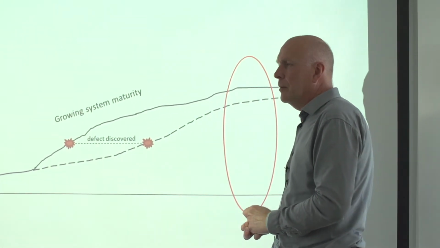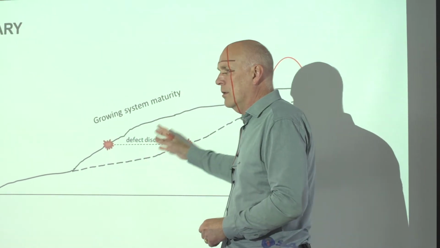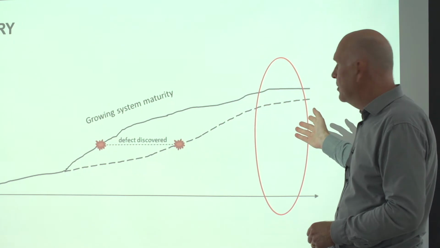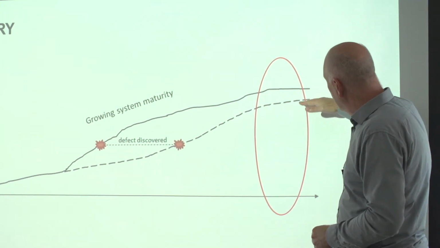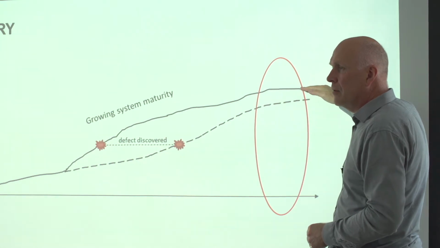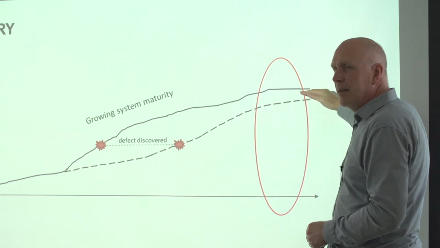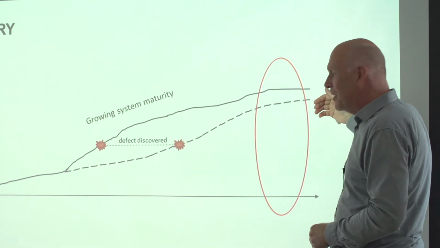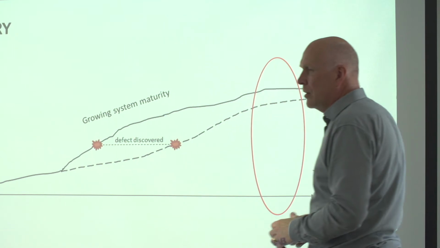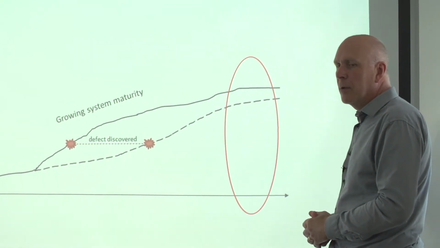And when we can reuse the models throughout the process and also integrate them and sell them to our customers, the maturity of the product out on the customer site is higher, is my belief, than with the non-model-based way of working, the traditional document-based way of working.